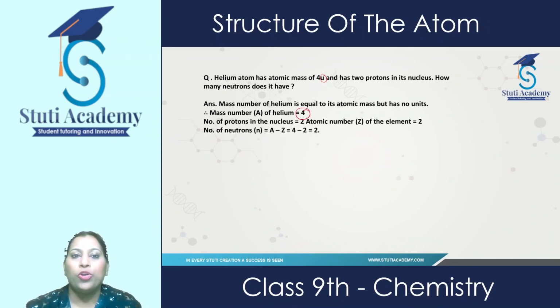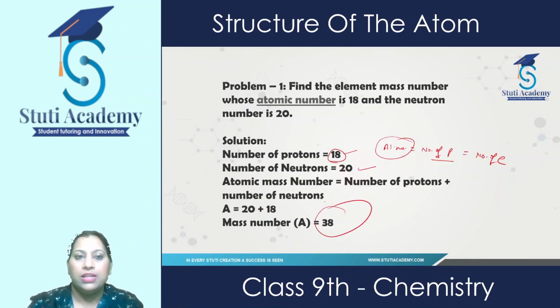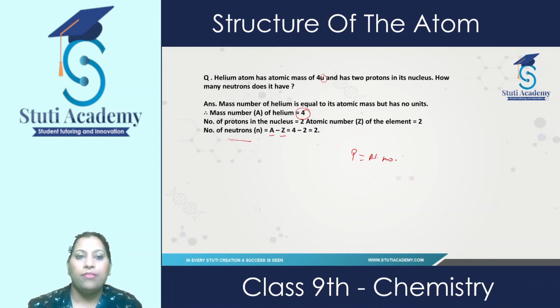The number of protons in the nucleus is equal to atomic number, because protons and atomic number, they both are same. So we need to find out the number of neutrons. A minus Z is the formula. 4 minus 2. As I told you, mass number minus atomic number. Same thing we are doing here. The answer is 2.